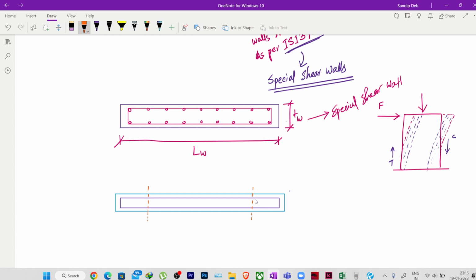Okay, and I will provide closely spaced reinforcement here, and also a separate ring, or a separate stirrup, like a column, an individual column.